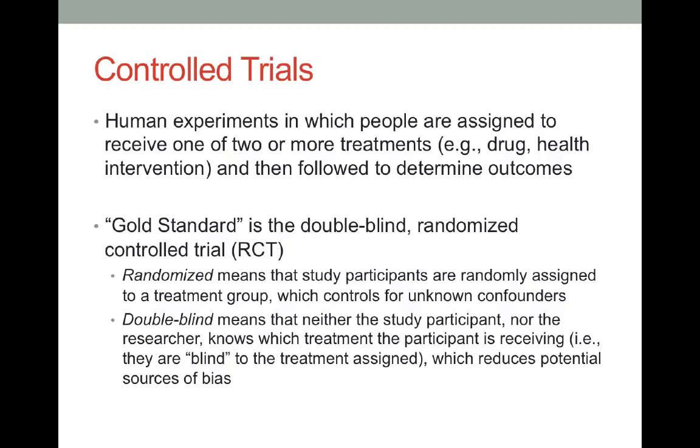Single-blind means that the study participant doesn't know what treatment they're getting, but the researcher does know. Whereas double-blind studies means that neither the study participant nor the researcher know if the participant is receiving treatment or not. Double-blind is the ideal way to do it because it reduces any potential bias that could come from the researchers knowing what a given participant is receiving.